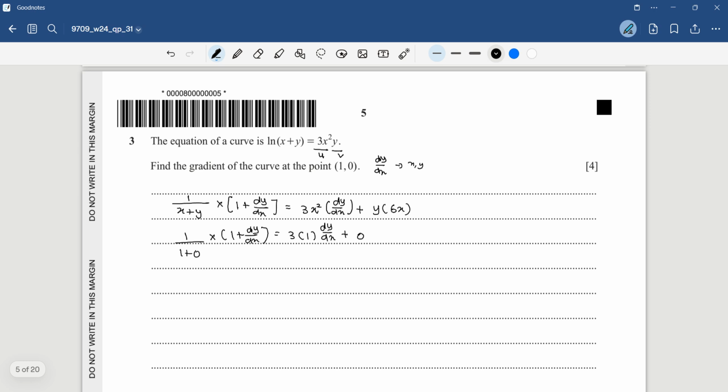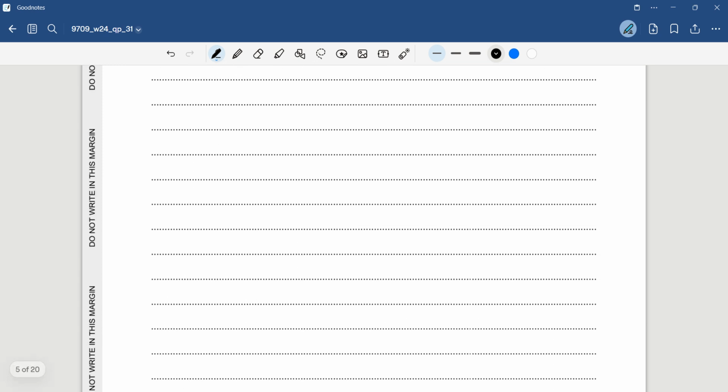So 1 over 1 is 1, so you'll get 1 plus dy over dx equivalent to 3 dy over dx. You rearrange, you'll get 2 dy over dx equal to 1. Therefore, dy over dx equal to 1 over 2. That's it.